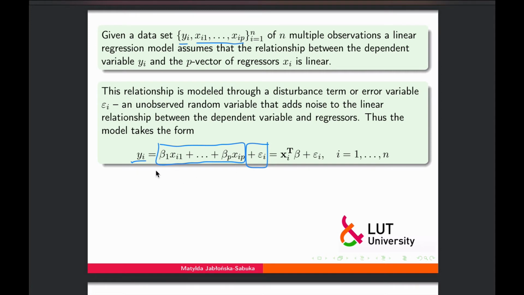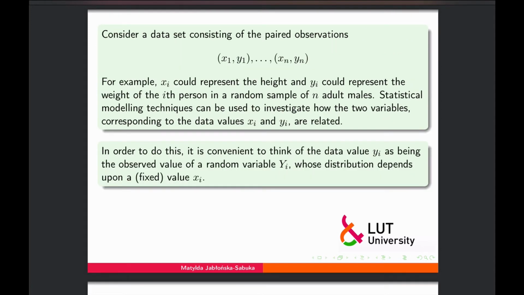Now consider a dataset consisting of paired observations, where we have our dependent variable y and only one predictor x. For example, xi could represent height, and yi could represent the weight of the ith person in a random sample of n adult males. Statistical modeling techniques can be used to investigate how the two variables are related.